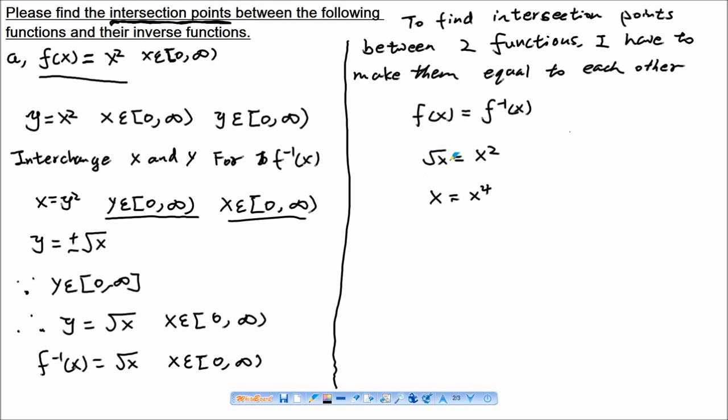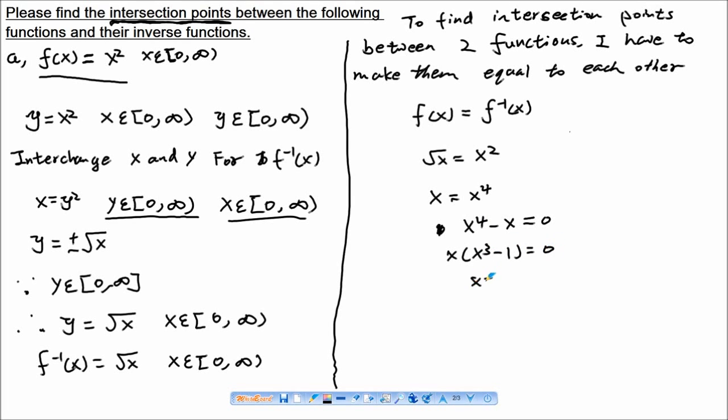Then x to the power 4 minus x equals 0, and I take x out: x times x cubed minus 1 equals 0.